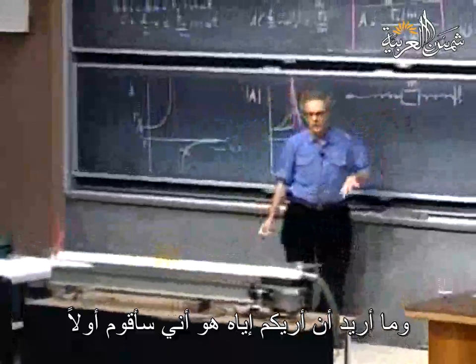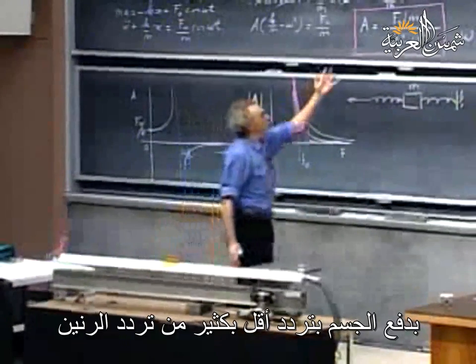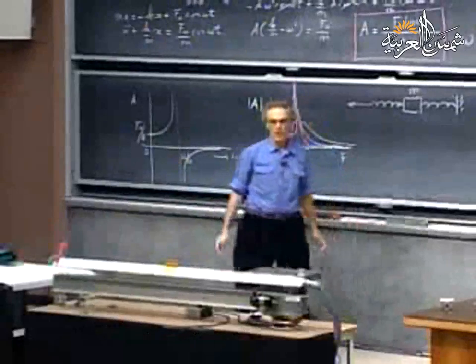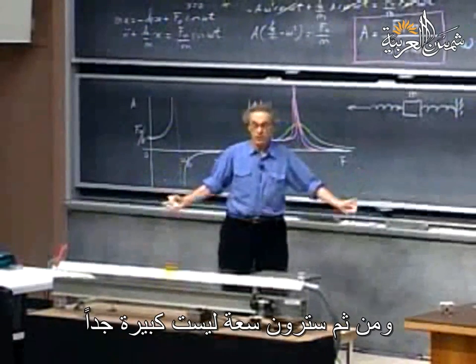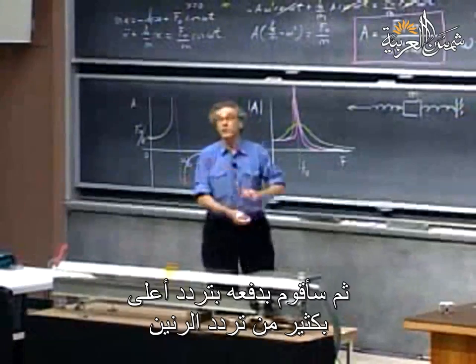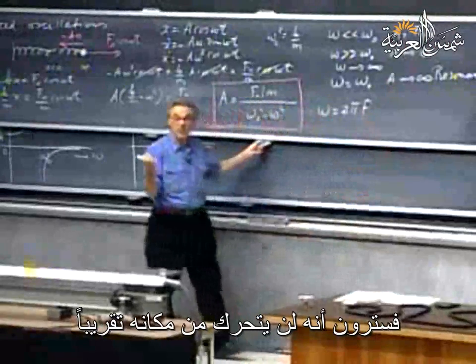First I will drive it at a frequency which is way below the resonance frequency. Then you will see an amplitude, not very large. I will then drive it way above the resonance frequency. Again, you will see an amplitude which is very low. If I go to very high frequency, you will see that it almost stands still.